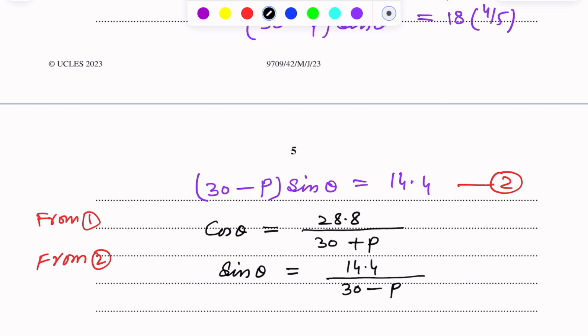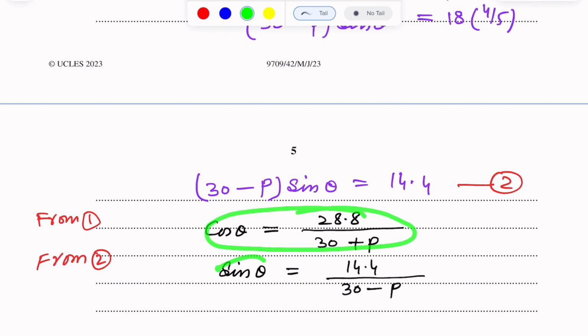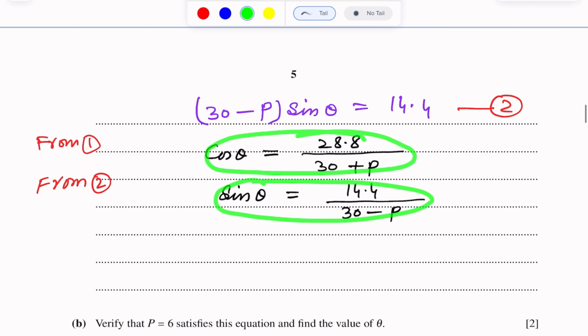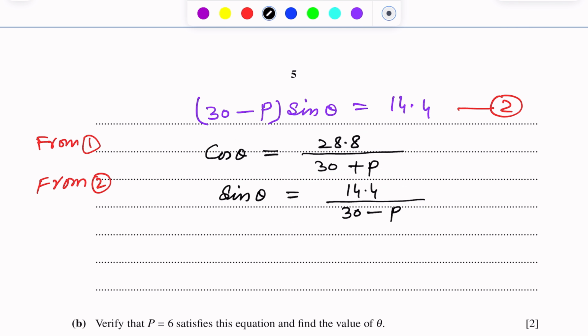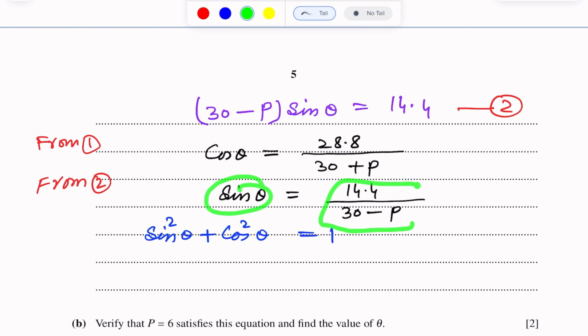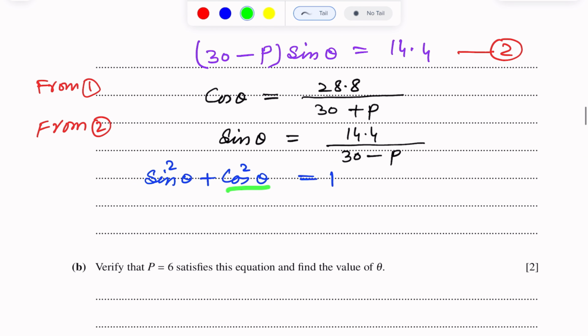Now squaring these two equations and adding, or simply we know that sin square theta plus cos square theta is equal to 1. Sin theta is equal to 14.4 over 30 minus p, we will take the square, and cos theta is equal to 28.8 over 30 plus p, we will take the square.